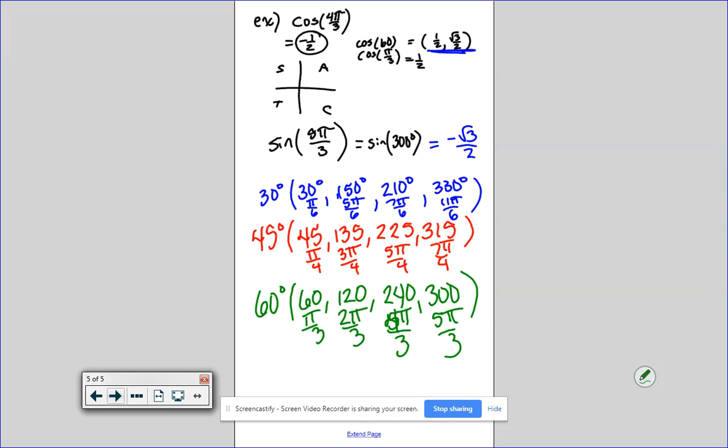And then, as we found with the 60-degree bow tie, with the 2 examples we did, that's all going to be 1/2, square root 3 over 2. Then it's just a question of, is sine or cosine positive or negative in that quadrant? Does that help or no?